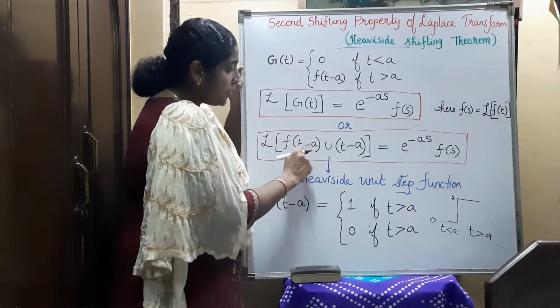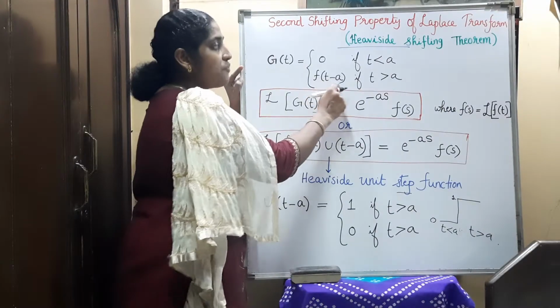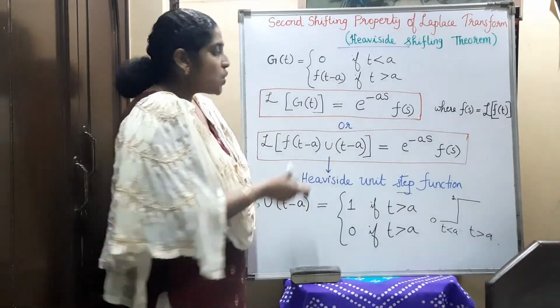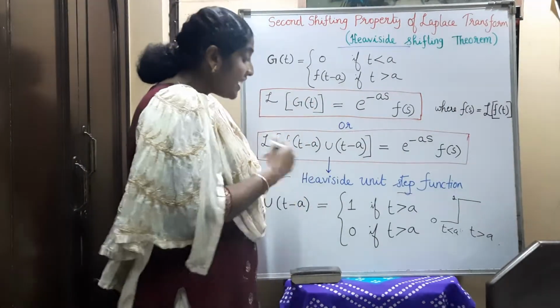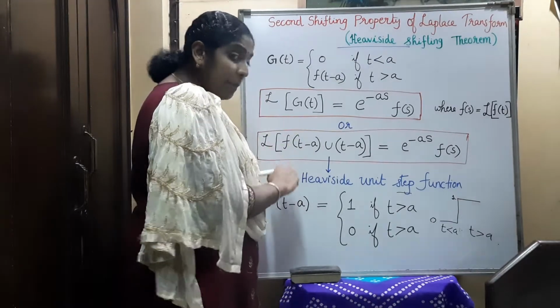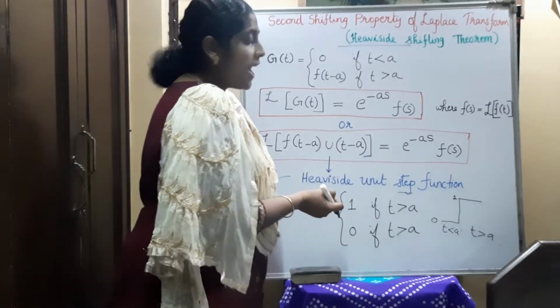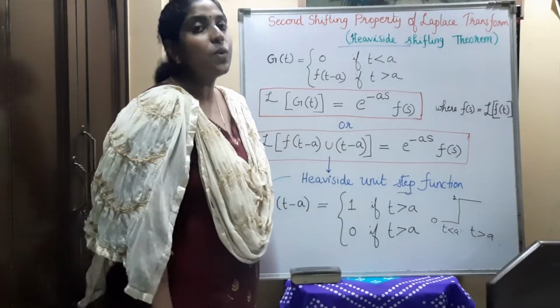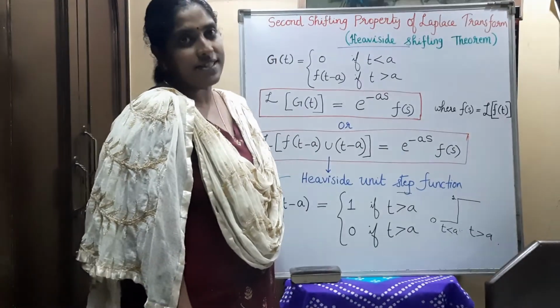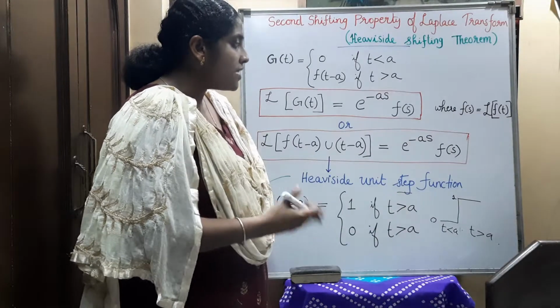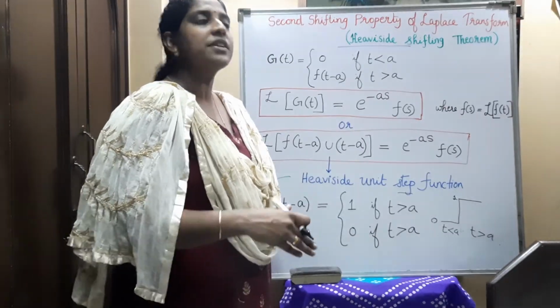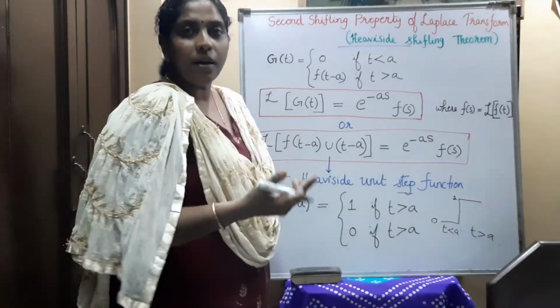Then 1 into f of t minus a, that is f of t minus a if t is greater than a. So the same g of t function we can write as the combination of the function f of t minus a and the unit step function, and then its Laplace transform is equal to e raised to minus as F of s. This property will become clearer after we do some problems.